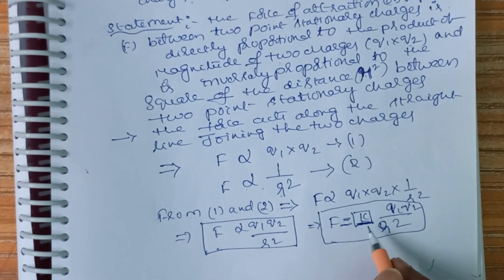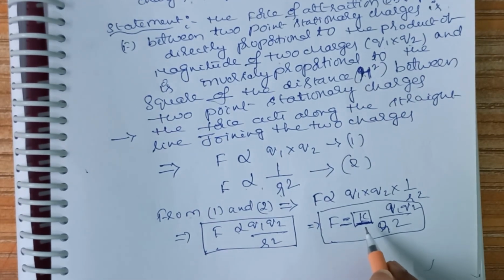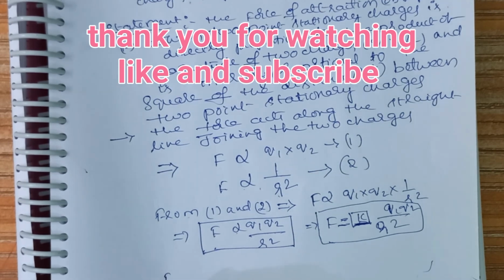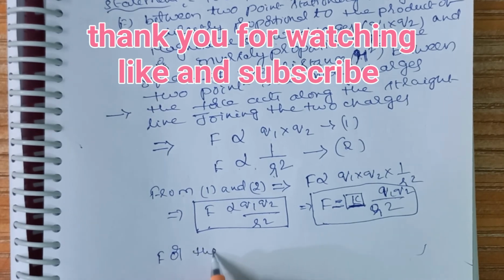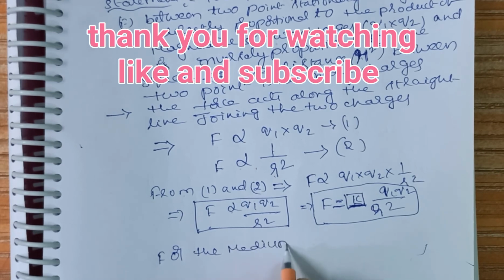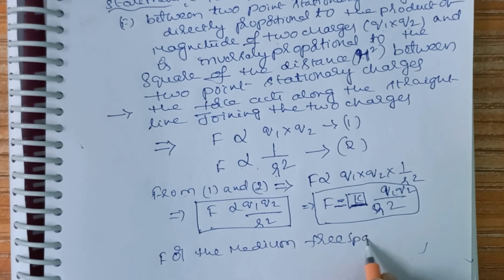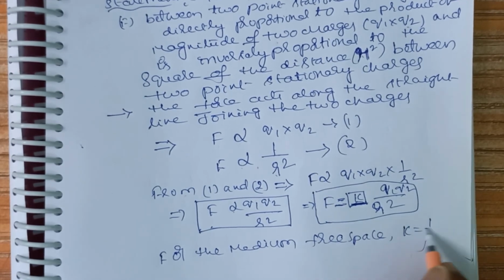So k is a proportionality constant, and this value depends on the medium between the two charges. For the medium free space, k is taken as 1 by 4 pi epsilon naught.